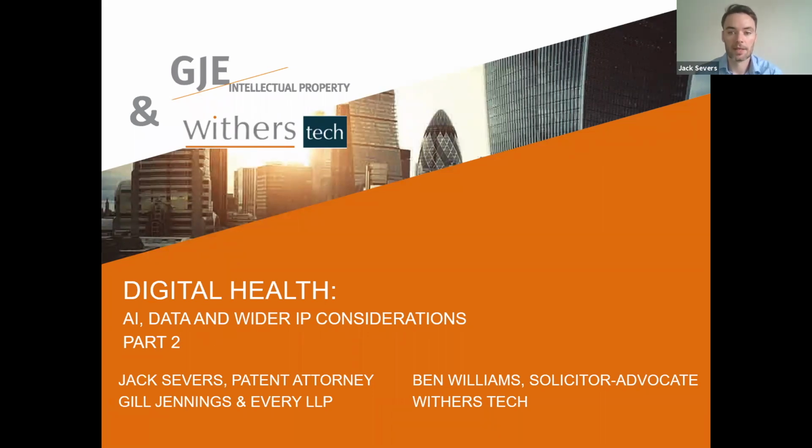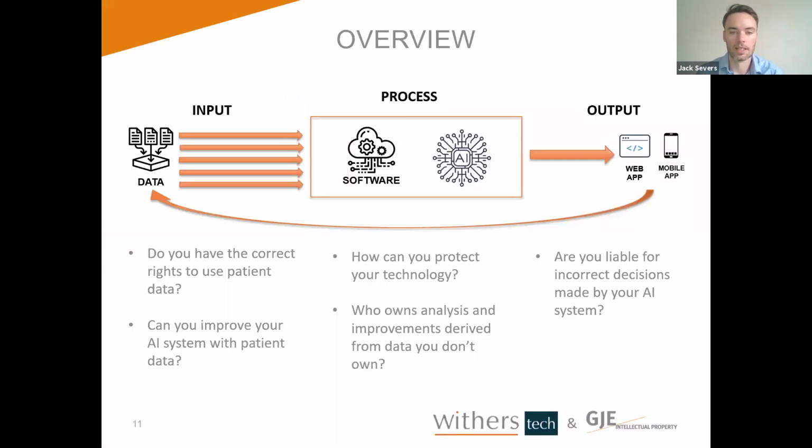So thanks again, Ben, for joining us, and I'll hand over to you to recap what we'll be discussing in the second part of the talk. Yeah, thanks, Jack. So in this part 2 then, we will be looking at the process and the output on this slide by reference to questions like, how can you protect your artificial intelligence software?